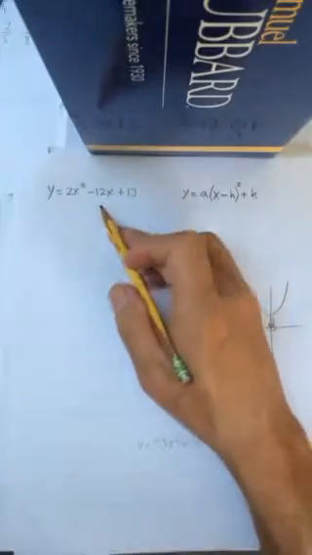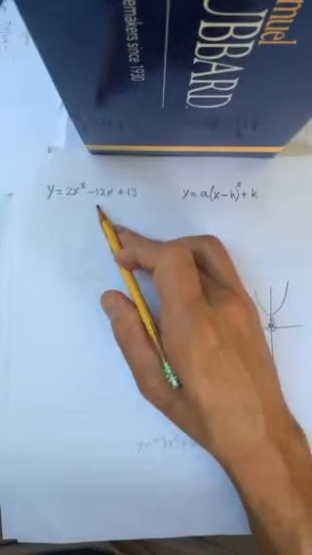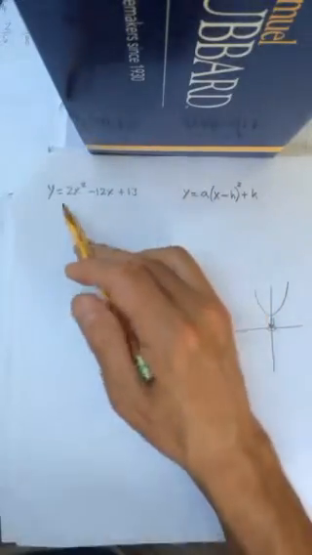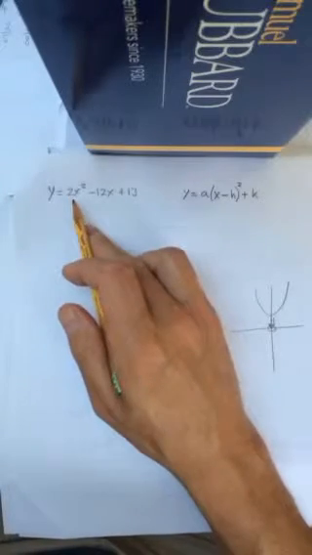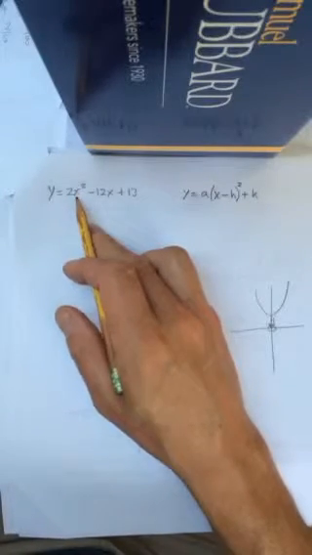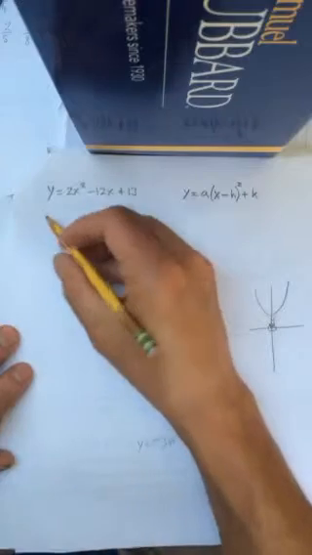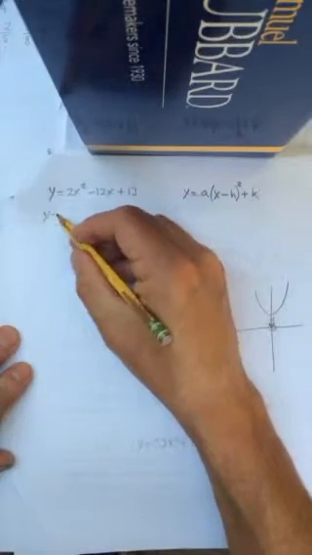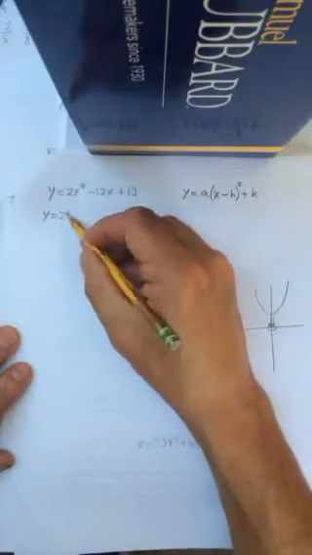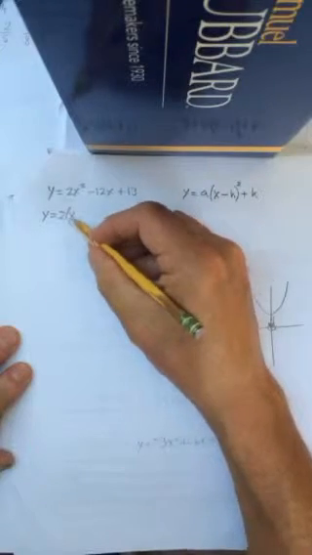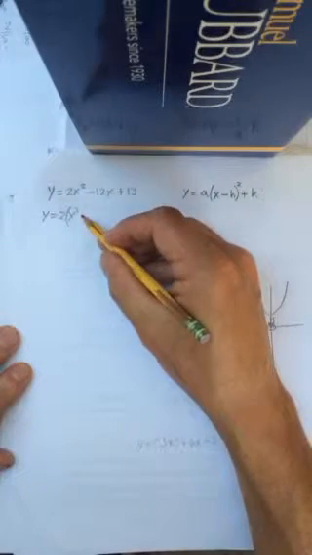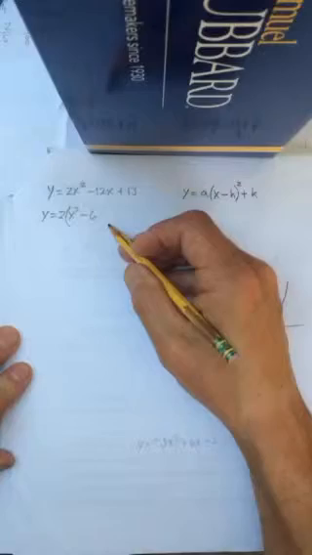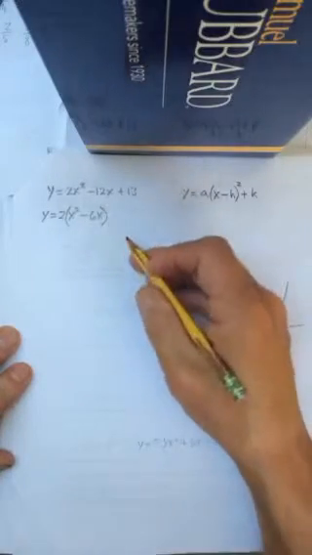So we start with this. First thing you have to do is factor out the coefficient that's in front of the x squared term. So how do you do that? You go y equals 2, and then parentheses, x squared minus 6x, right?